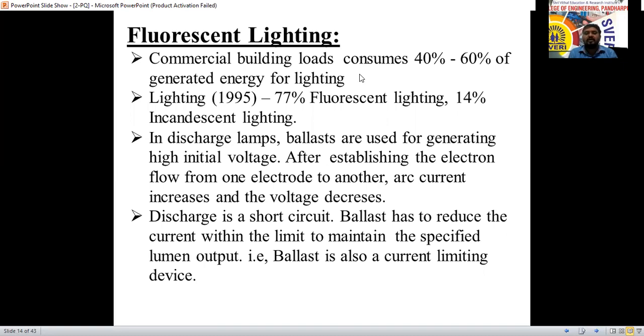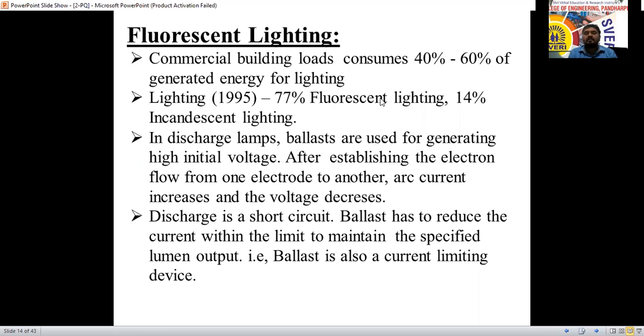The next 40 to 60% we are going to use for industrial and residential buildings. Then agriculture also we can provide here now. So all the things we have to consider.